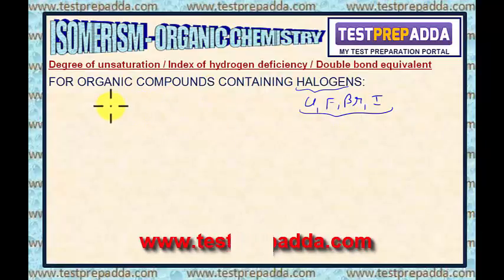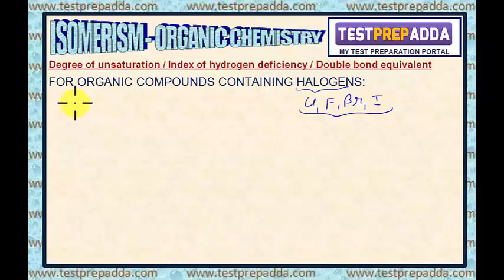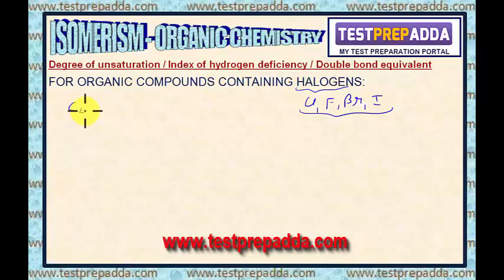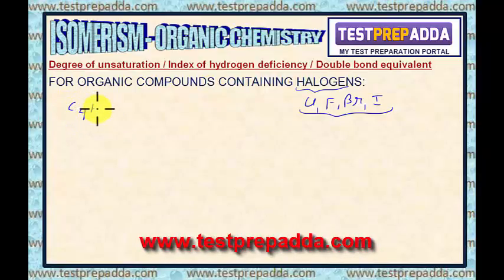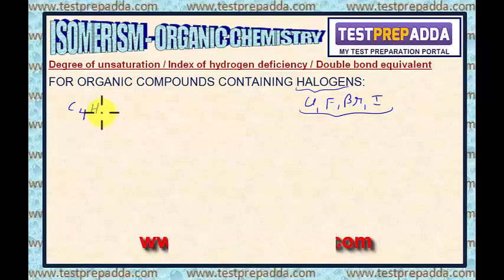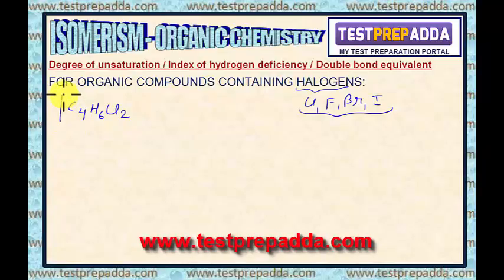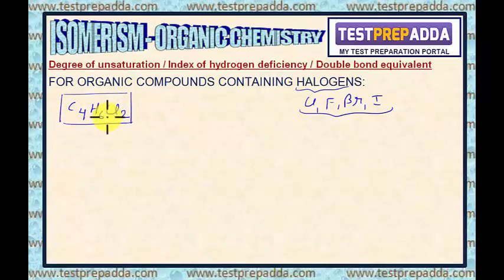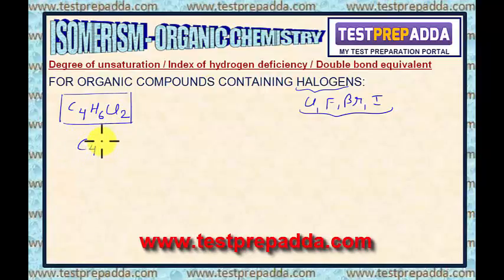For example, if the question says find the degree of unsaturation for a compound like C4H6Cl2, I will replace these two Cl atoms with hydrogen atoms.